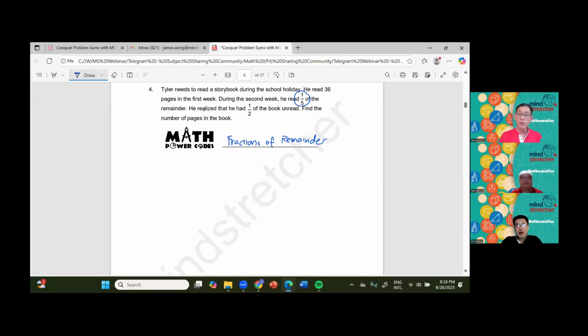If I put it into a model to make it more visual for everyone to better visualize, you can draw this, just a quick sketch. This is the 36 that was read in the first week, and then the remainder I divide into 5 parts.